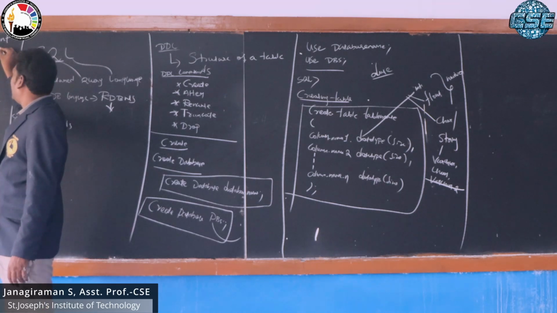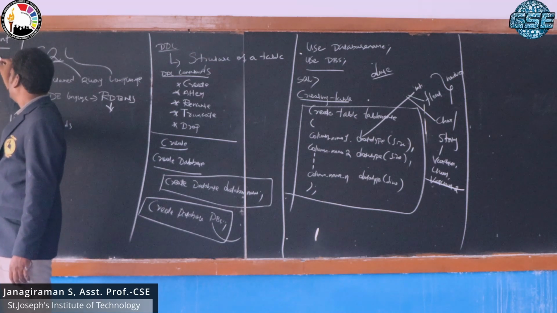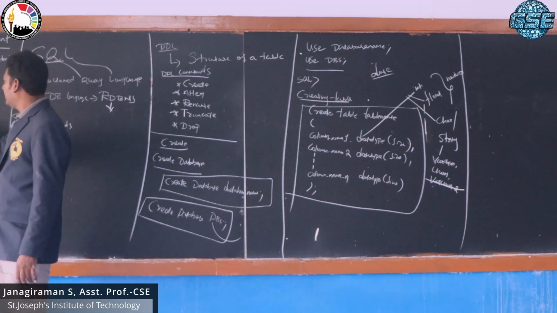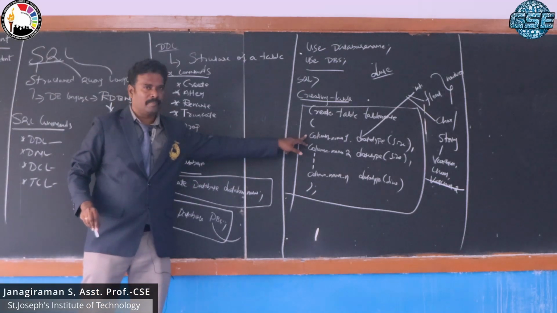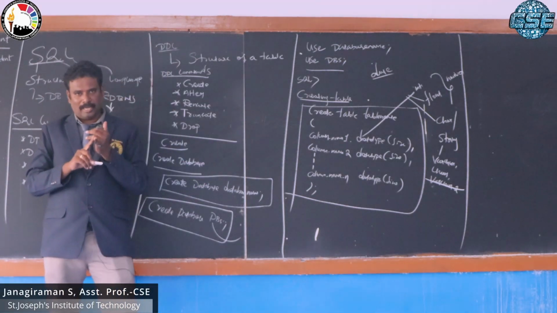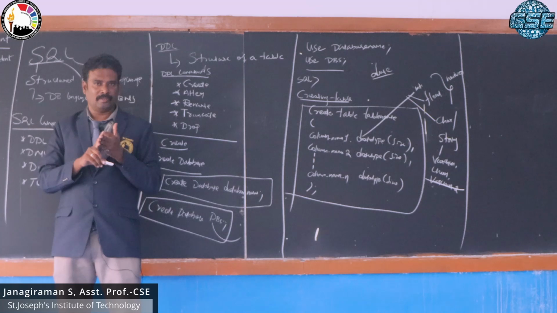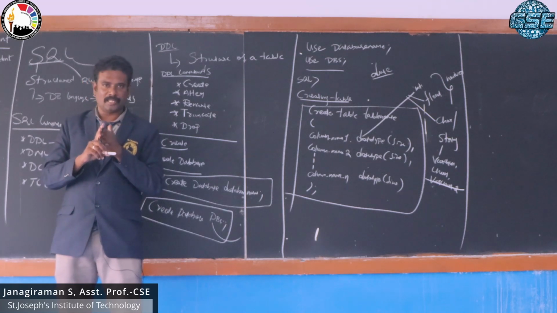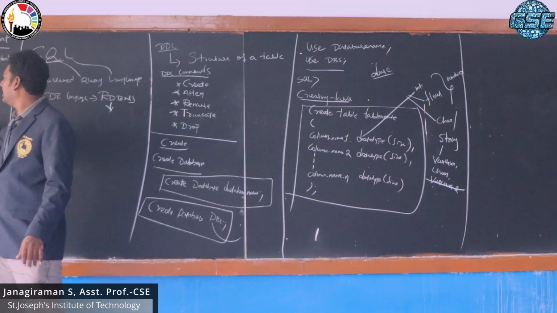I said we are going to create a student table, STUDENT. Student is the name of the table. Then open bracket, then column names. Here I am trying to add a register number, the name of the student, then the department. Only three fields I want to add. So the first column name is register number.